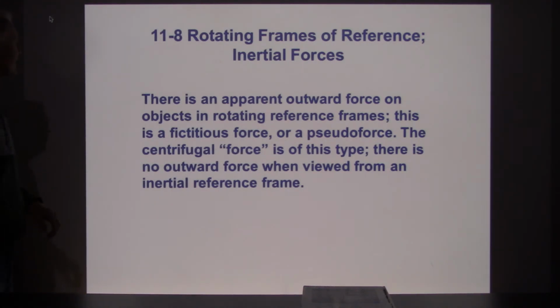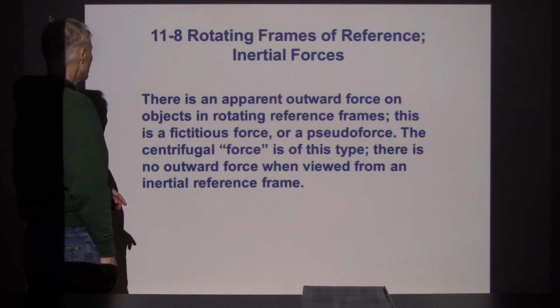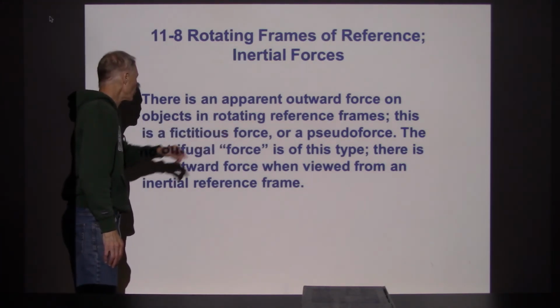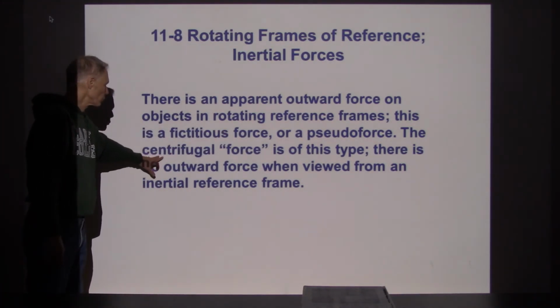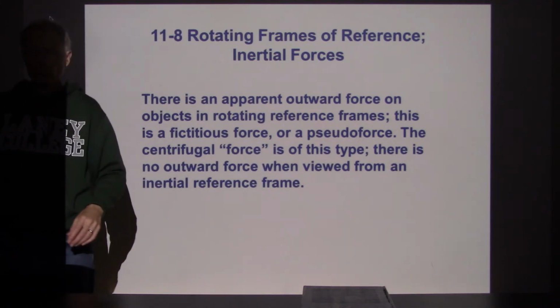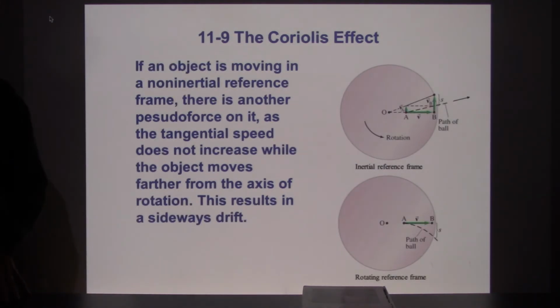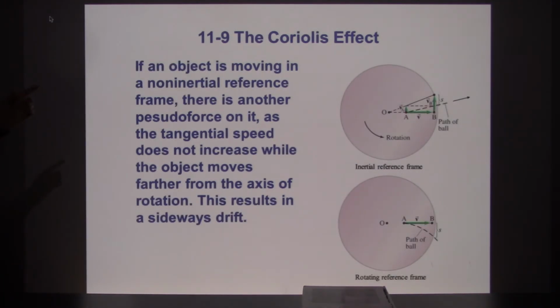This effect is sometimes explained in terms of a fictitious force or a pseudo force or a centrifugal force when viewed from within the rotating system. Now, this creates what's called a Coriolis effect.